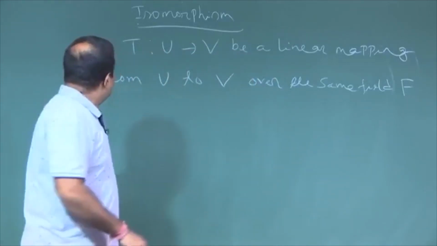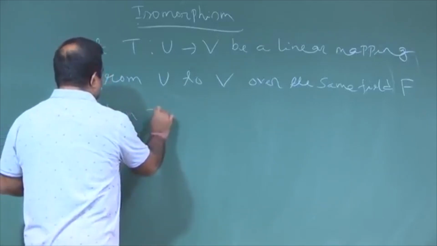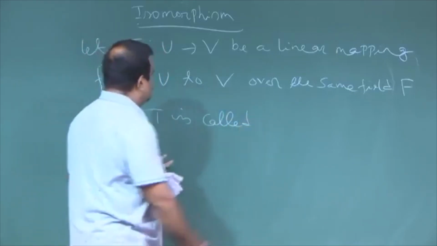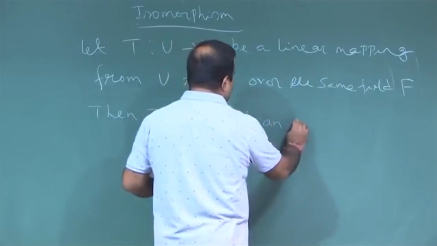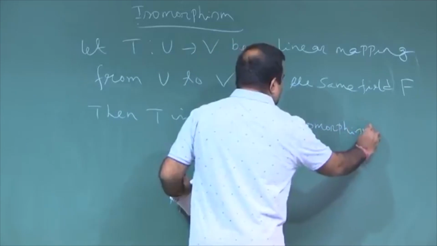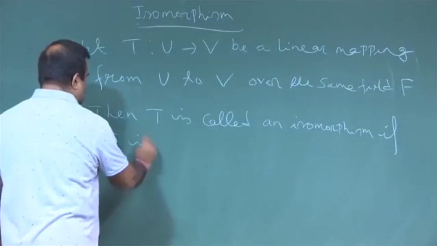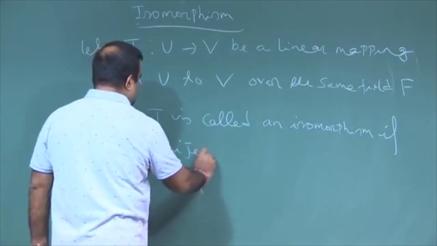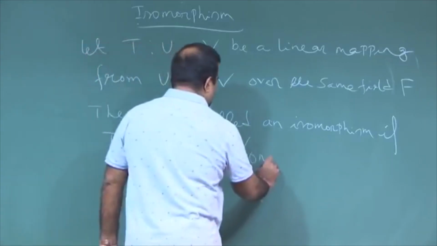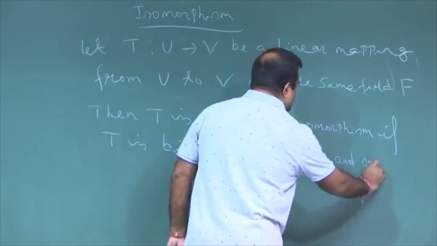Okay. Now, this T is called an isomorphism if T is bijective. If T is bijective, that means it is one-to-one and onto.